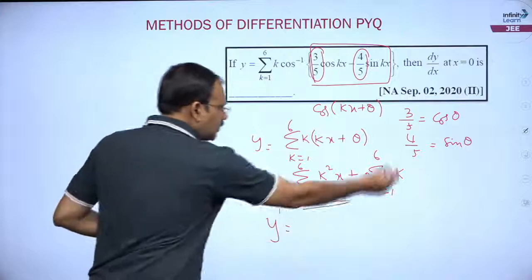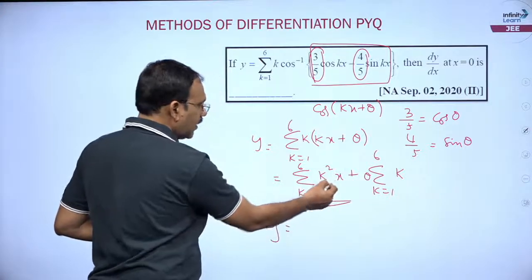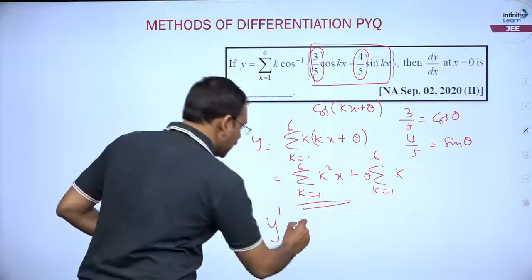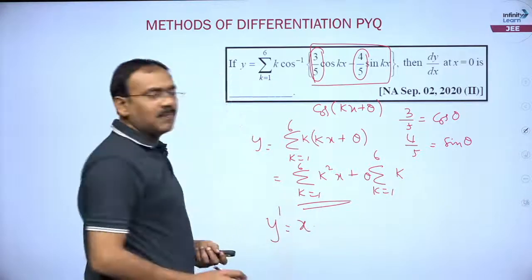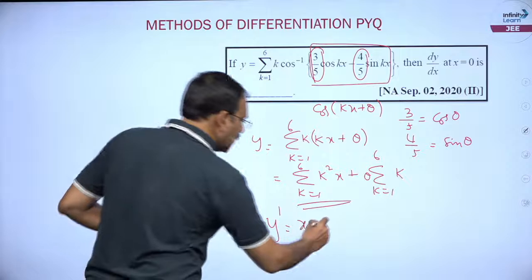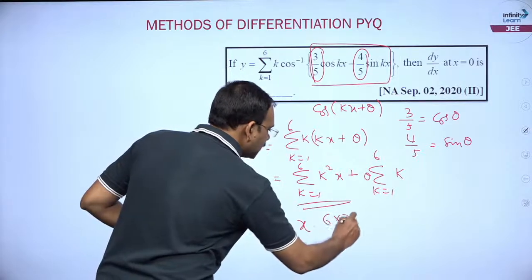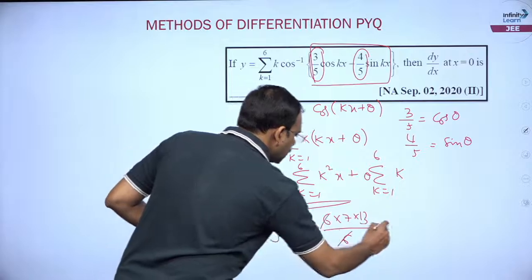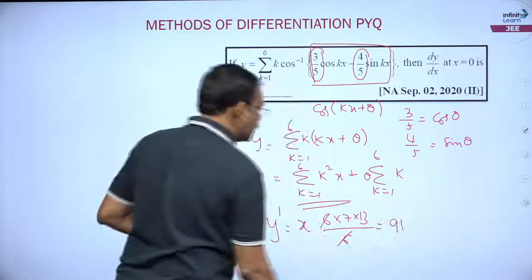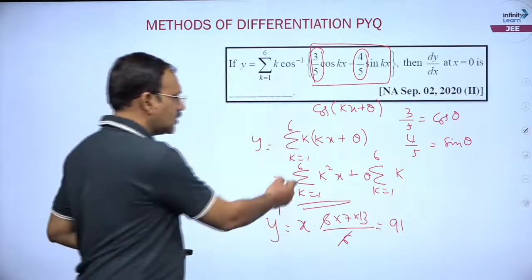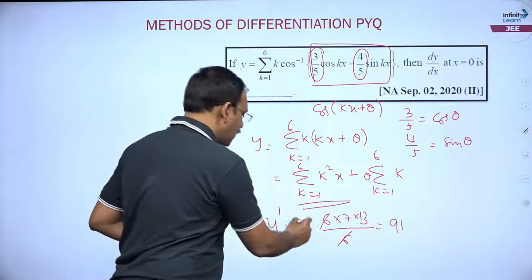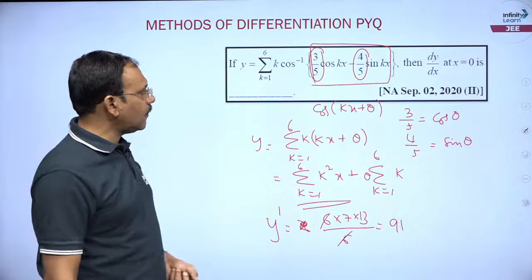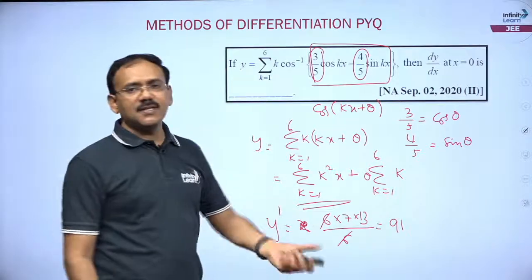So this becomes 0; sigma k square, the sigma is on only k but not on x, so x is independent, into sigma k square from 1 to 6, which is n(n+1)(2n+1)/6, which is 91. This is 91x, whose derivative is 91 directly. So that is all. Even at x equal to 0, it is 91.